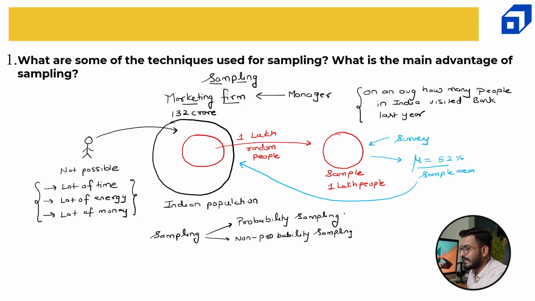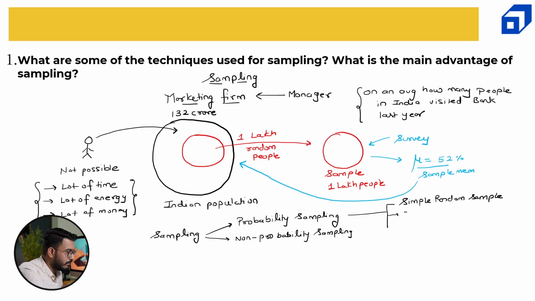Now in probability sampling, techniques like simple random sample, systematic sampling, stratified sampling, and cluster sampling come.